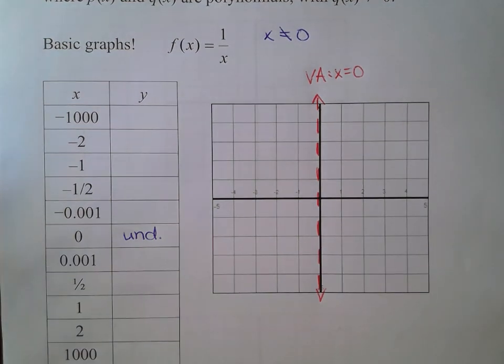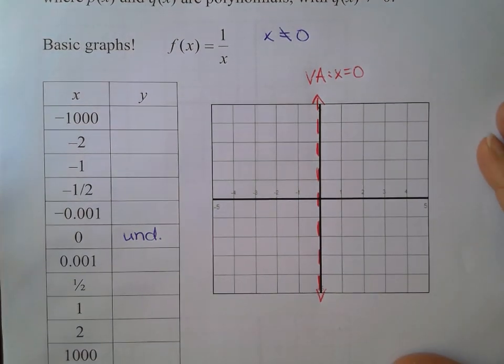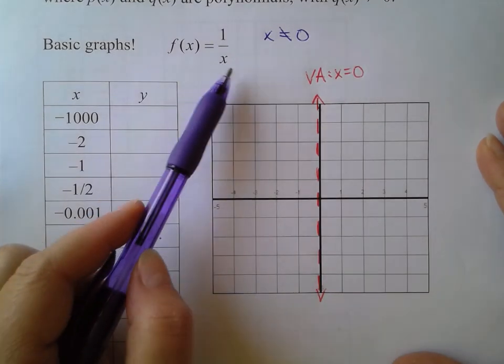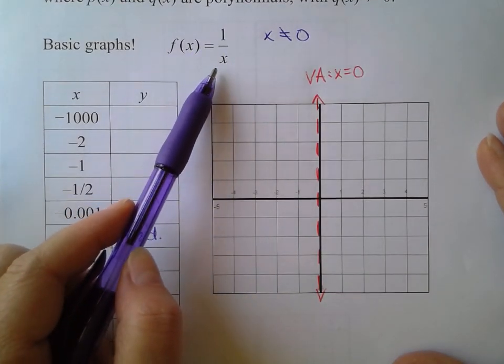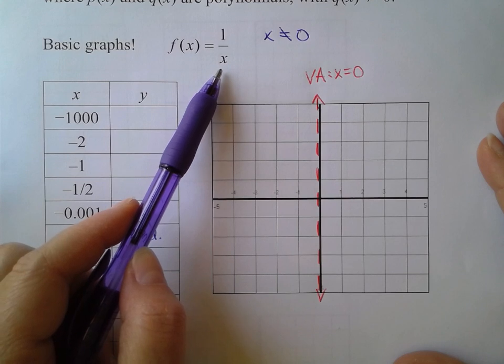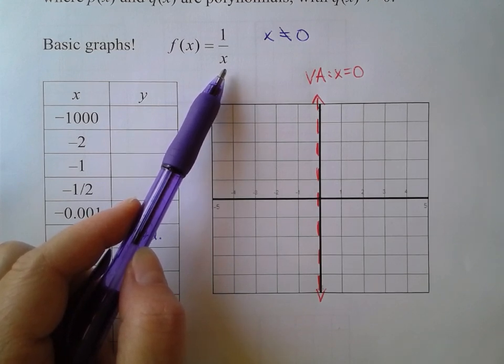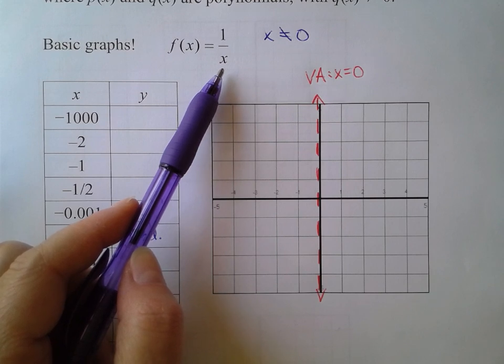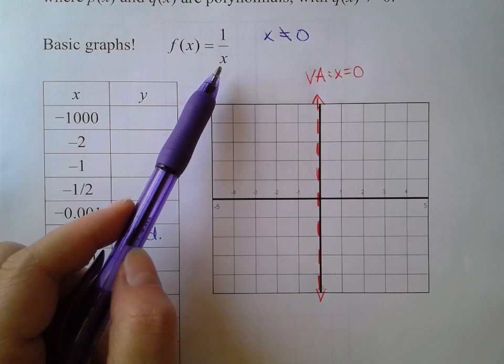Okay, if we think really hard about the numbers we could get out of this function, I can put any other number in for x, just not 0. When I put in really large numbers, like 1,000, 1 divided by 1,000 is going to be a really small number.